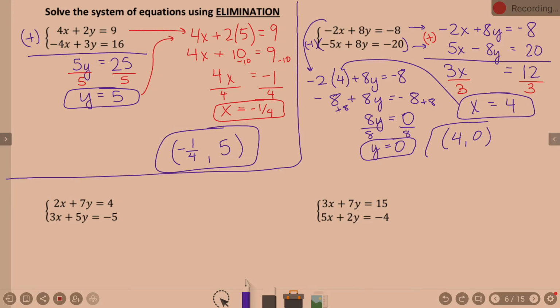So final answer of 4, 0. And all of these, as I go through, guys, remember, there's not just one exact way to do these. There's lots of different little side paths you can take along the way.